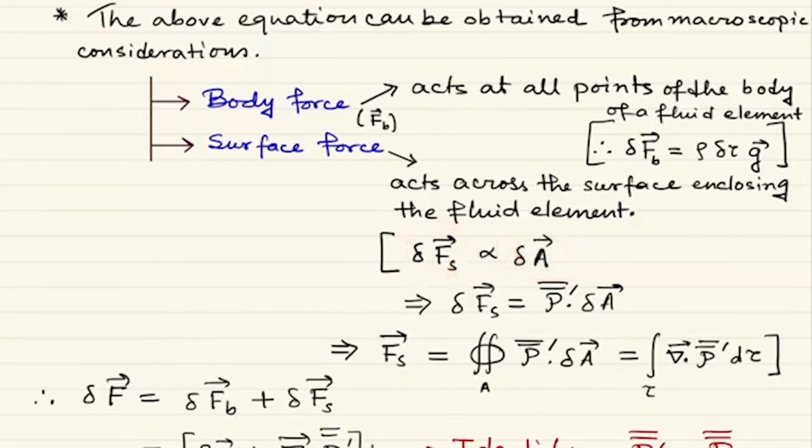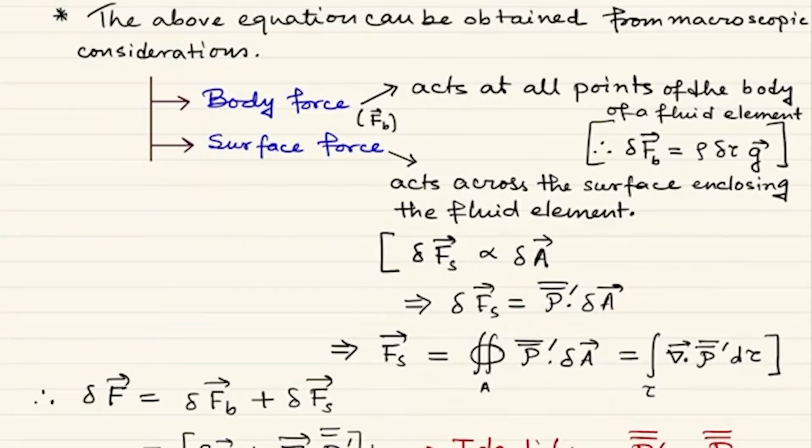If this is proportional to delta A, then one can write delta F_s equal to, well, when two vectors are proportional, the proportionality constant can be a scalar, or another possibility is that both of them are joined by a tensor of rank 2, given by a matrix.